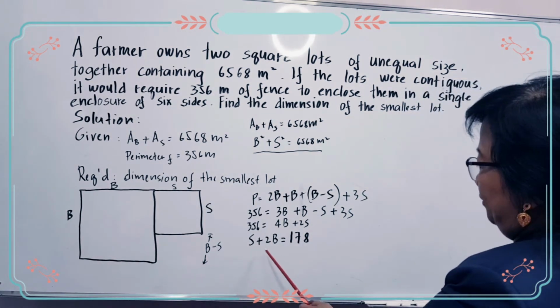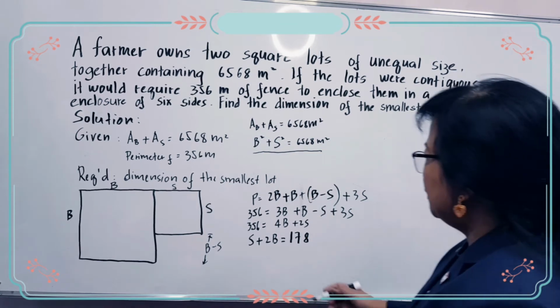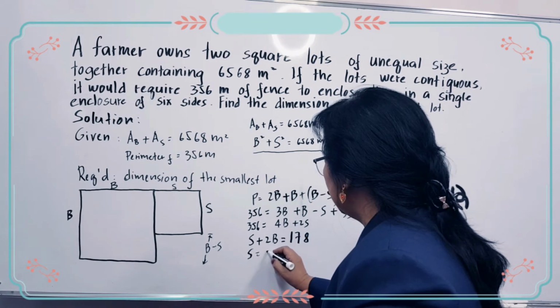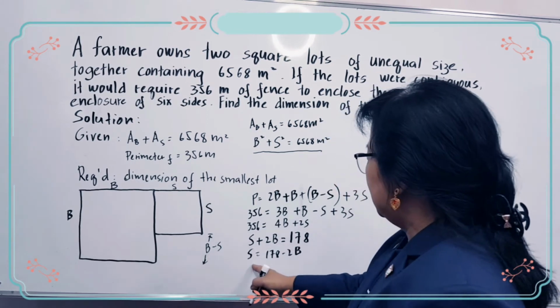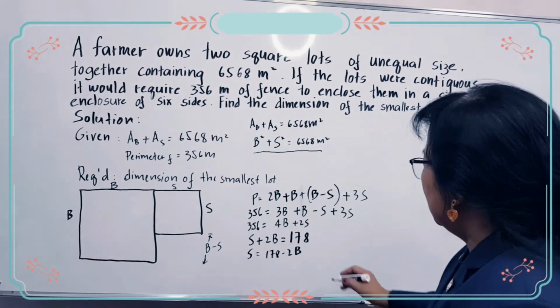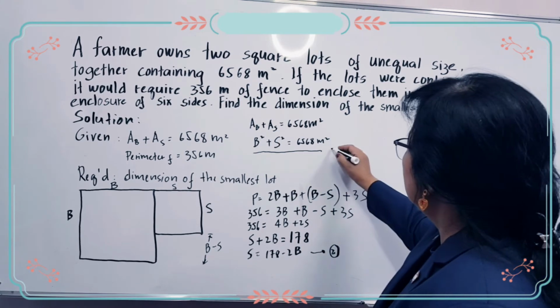Now, this one we can substitute also. If we let S be equal to 178 minus 2B, we transfer this here and it will become minus. Now, this is another equation, and this is equation 1.